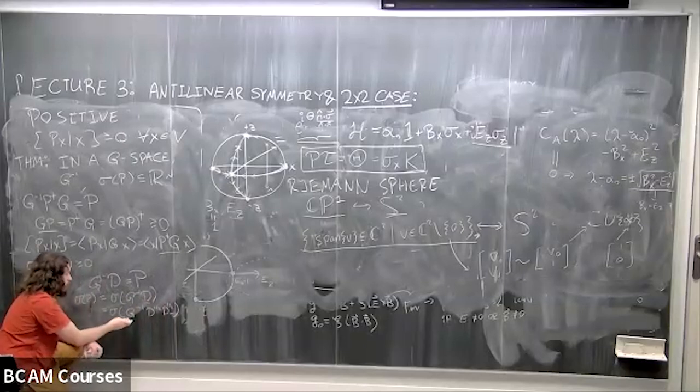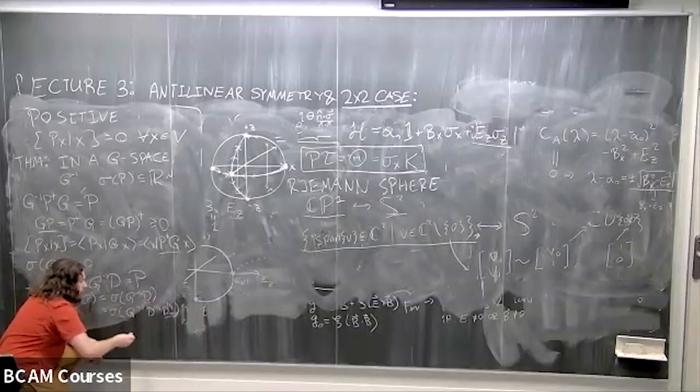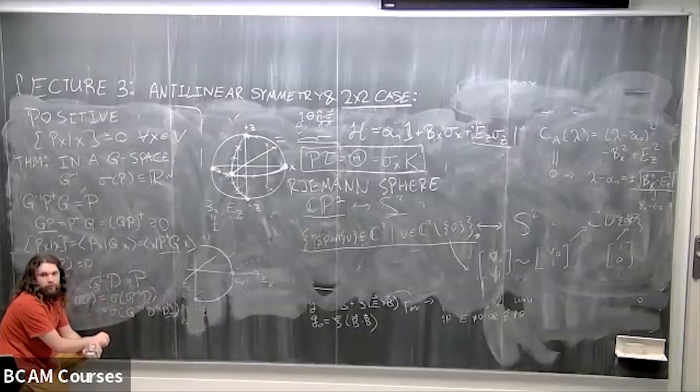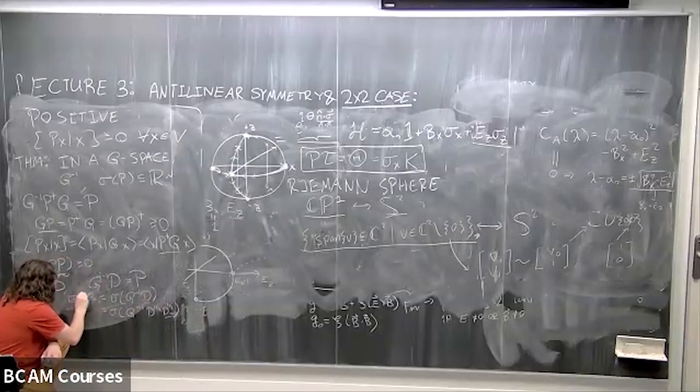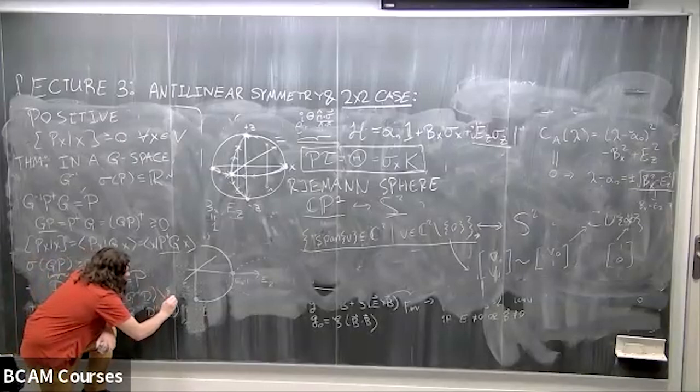Another property of spectra is that the spectrum of AB and the spectrum of BA are equivalent everywhere except for 0.